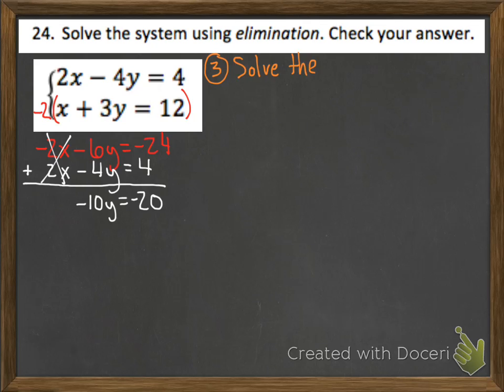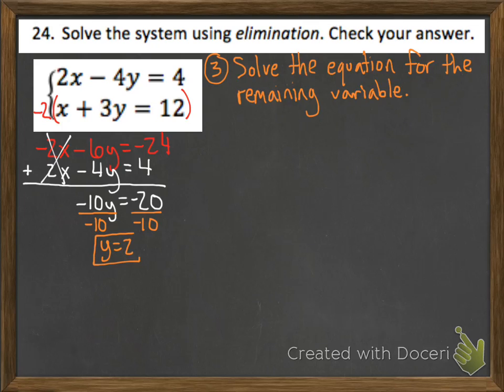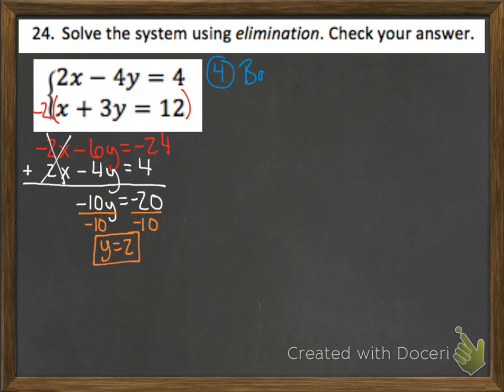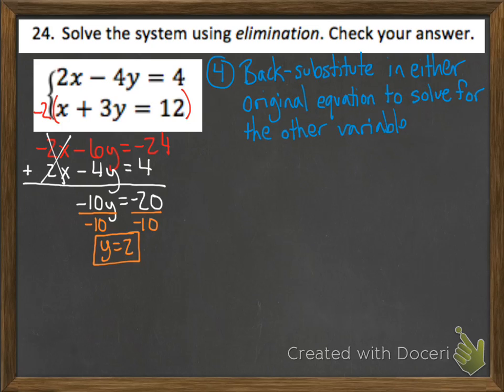Step 3, I want to solve the equation for the remaining variable. So negative 10y equals negative 20. All I have to do is divide by negative 10, and I know y equals 2. Step 4, I need to back substitute, and now we're doing exactly like we would in substitution. I know y equals 2, so I can plug 2 in for y in one of my other equations.